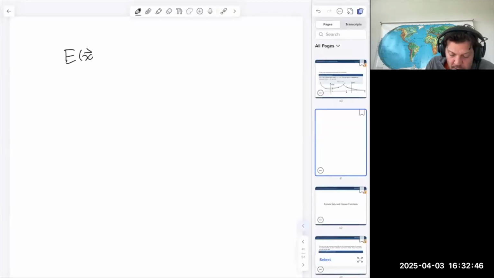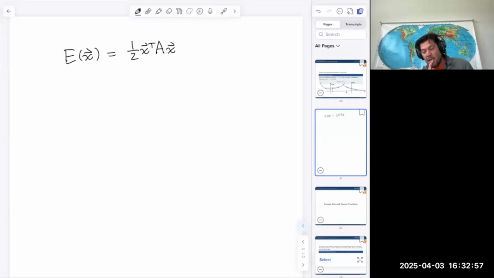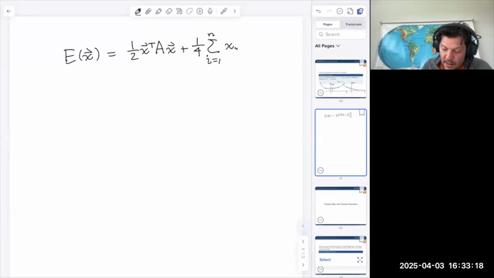E of x is equal to 1/2 x transpose A x, and let's add on to that a little bit: 1/4 sum i equals 1 to n of x_i to the 4th power. Okay, so there's our function.